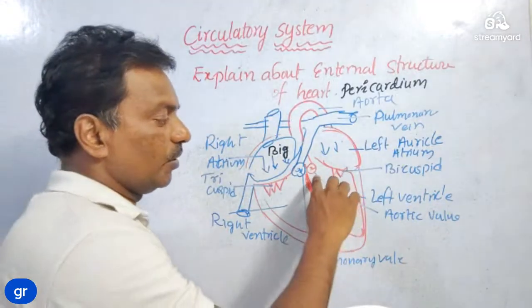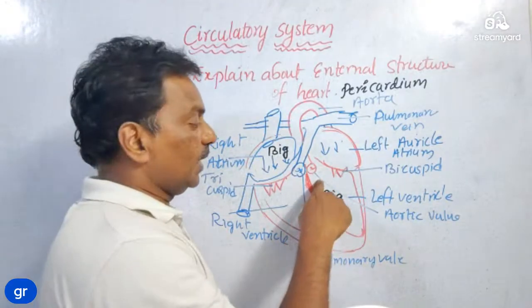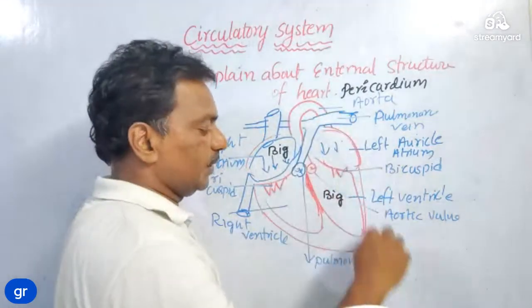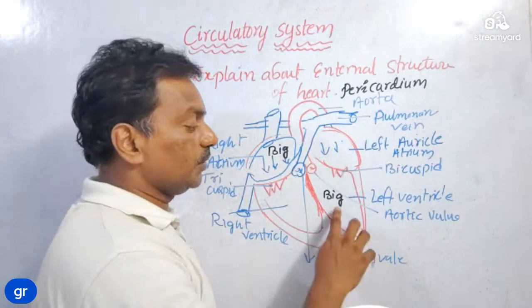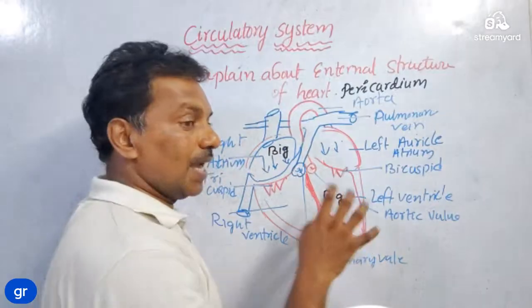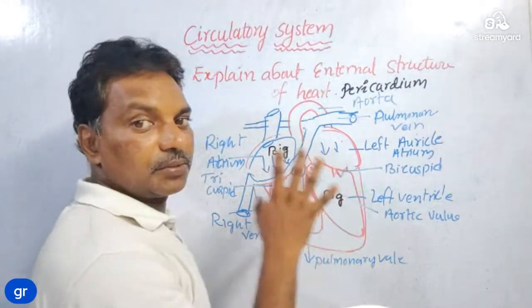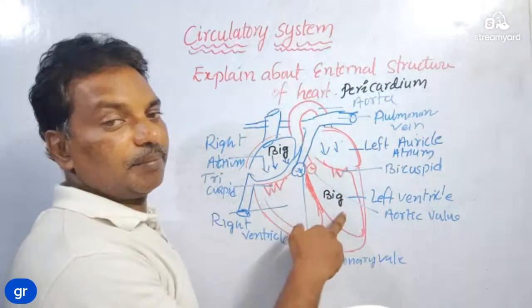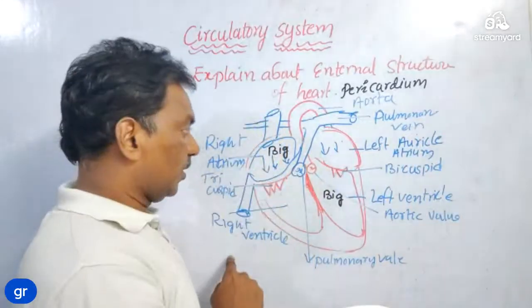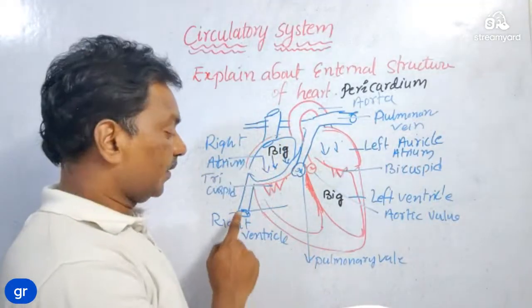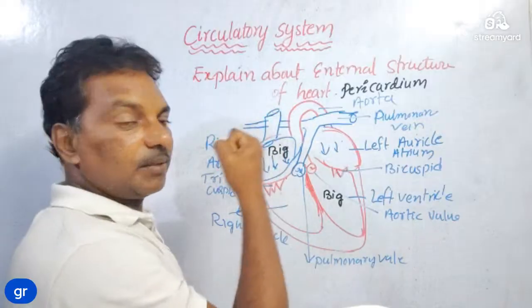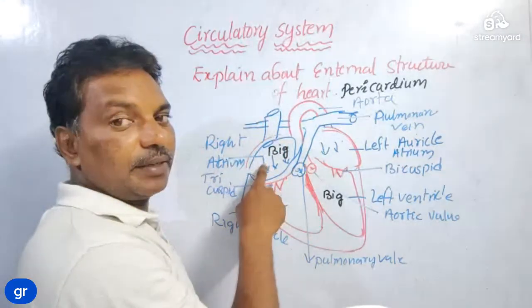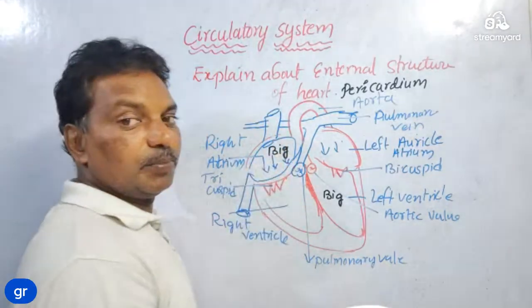Because from the left ventricle, oxygenated blood moves to the upper parts and the lower parts, so all body parts receive oxygenated blood. It has to pump blood to all the cells, so it is big. The superior and inferior vena cava collect deoxygenated blood from different body parts into the right auricle, so the right auricle is big.